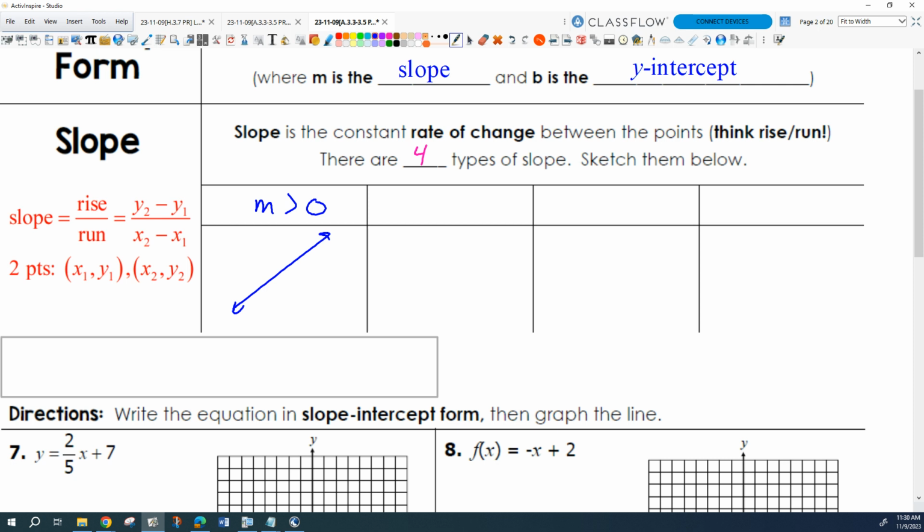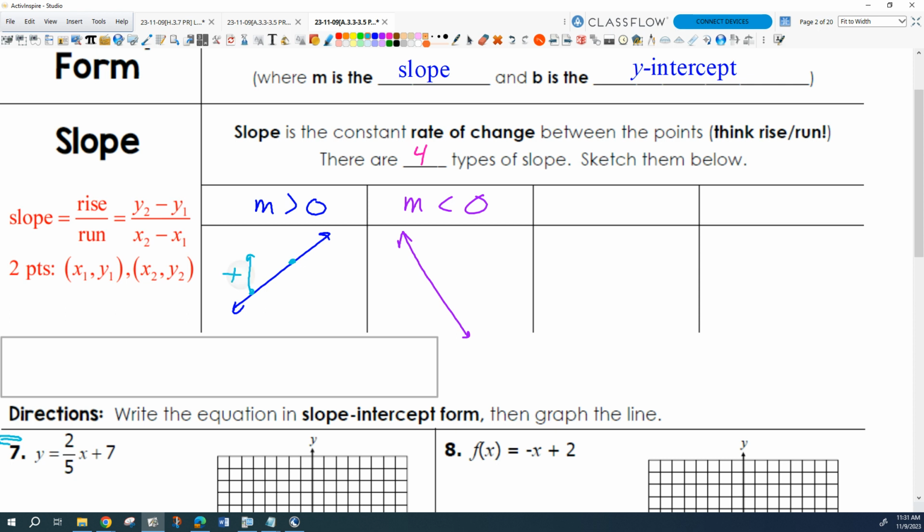So then, by contrast, if I'm decreasing from left to right, what is that? Negative, yeah. And that makes sense if you think about it, right? If I pick 2 points on this line, and I'm starting at the left one and moving to the right one, my rise is going to be positive or negative?